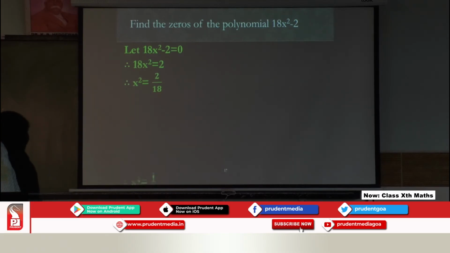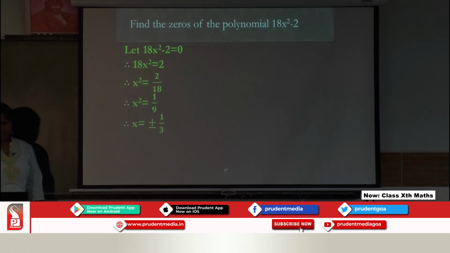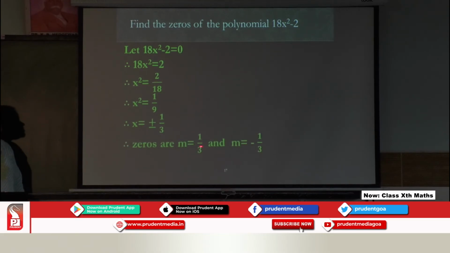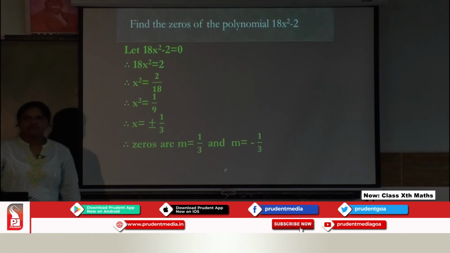After cancellation you will get x² is equal to 1 upon 9. Then a similar method: square will change to square root, and square root of 1 is 1 and square root of 9 is 3. And whenever we find square root, we always have two answers, plus and minus. So here the zeros are x equal to 1 upon 3 and x equal to negative 1 upon 3.